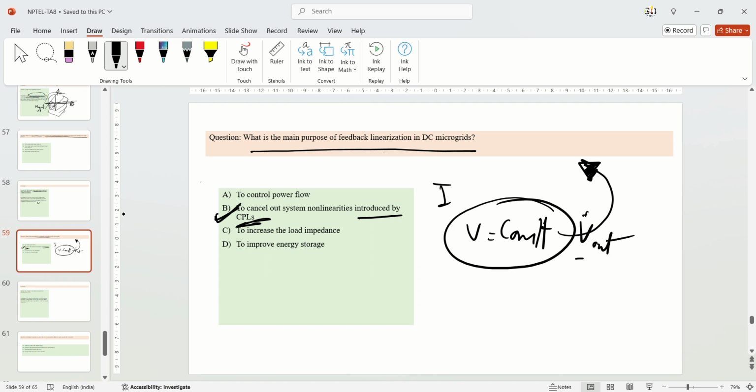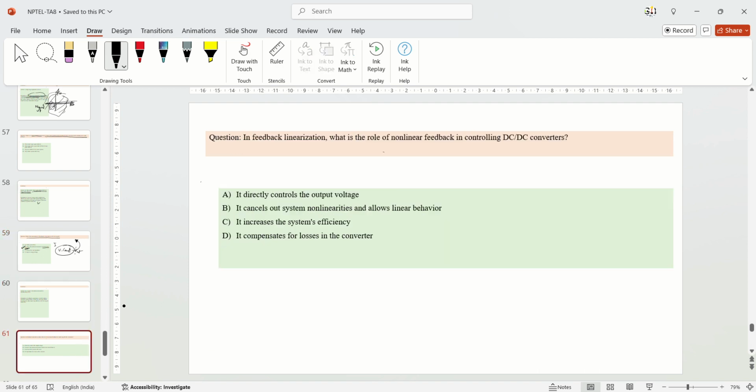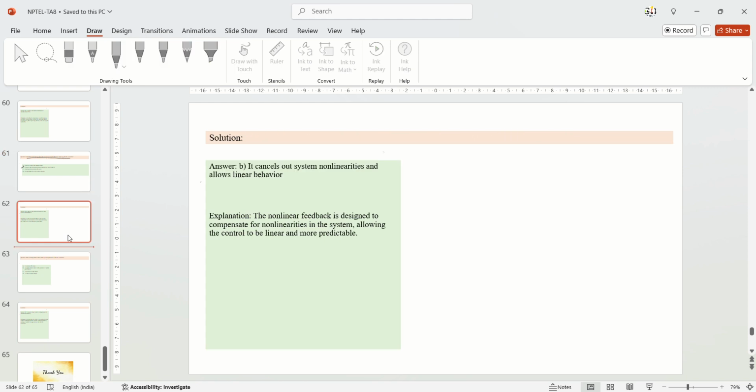You have to consider how the linearization can be done by taking the feedback from the system and making the system linear, so the non-linearity is cancelled out. Also, one question related to that is, in feedback linearization, what is the role of the nonlinear feedback? It actually cancels this out, so it is the same question.